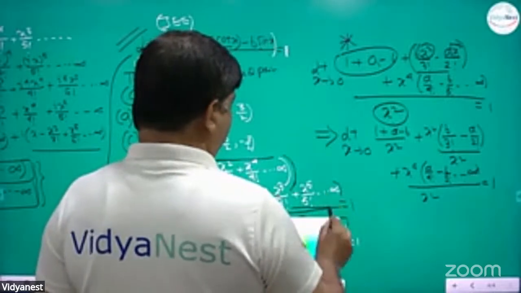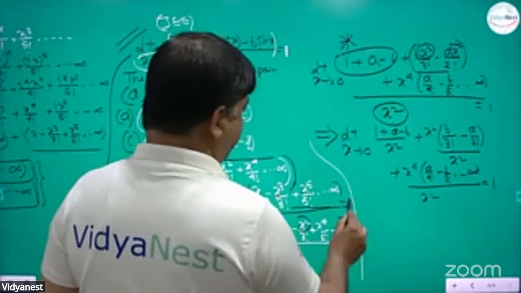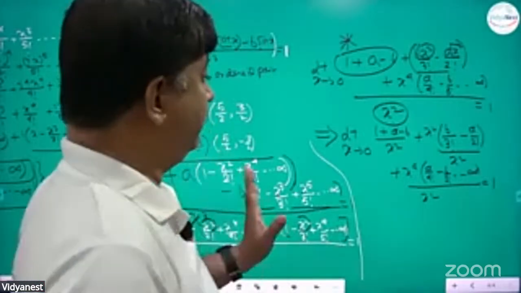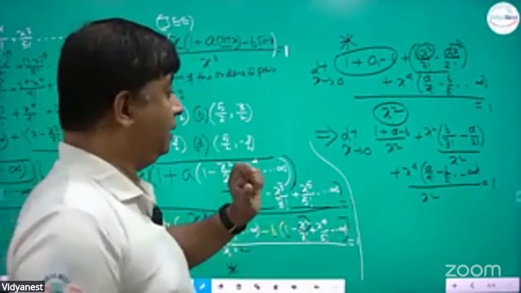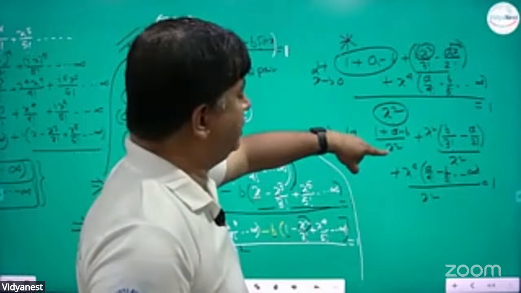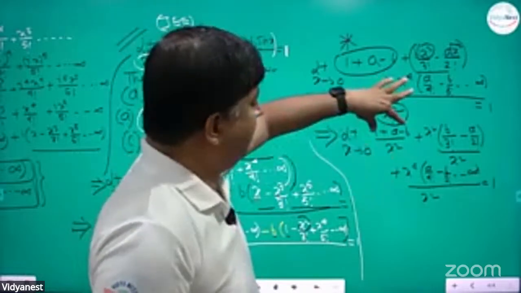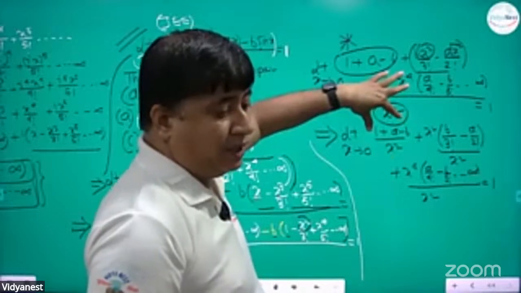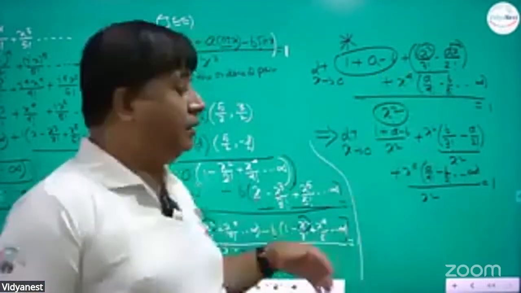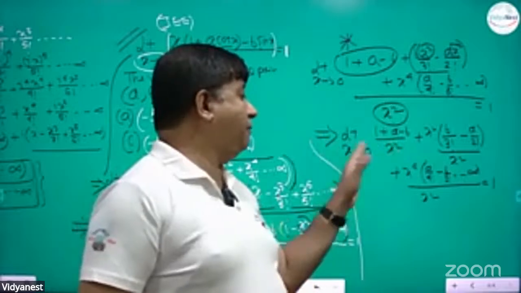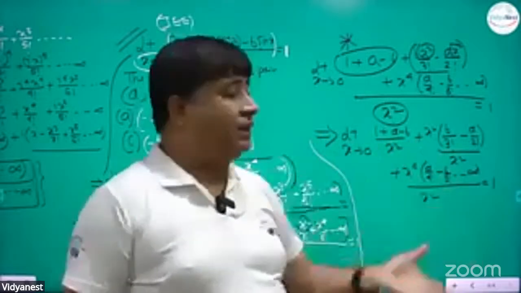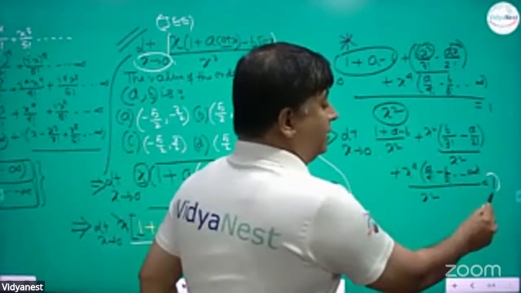Draw one demarcation line. Now, you observe, if I put x is equal to 0, it will be undefined, yes or no? Because the numerator is a constant term, yes or no? Yes, sir. And the denominator is a variable. So if I put 0, it will be undefined, unlimited. But it has a limit.